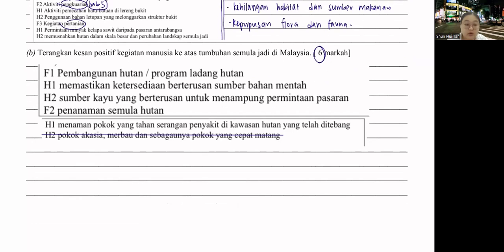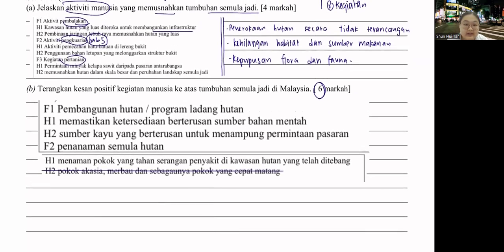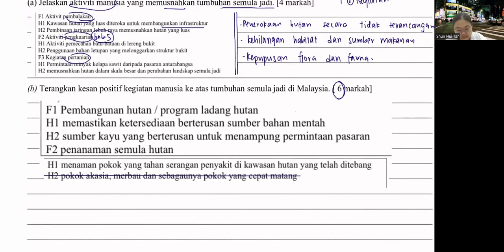Now, menanam pokok yang tahan sebarang penyakit. You need to copy. For which one? This one, if you don't want to copy, you will get the answer on the TTC website. The one that I write using my hand is not inside, so you need to write. Okay. The B questions. This part no need to copy. But the one that I'm writing now, you need to copy because it's not in your answer sheet.